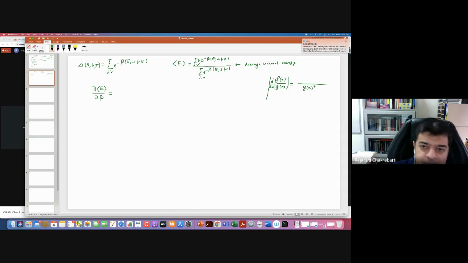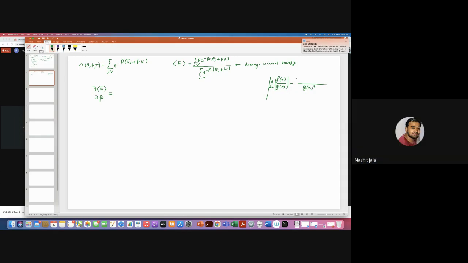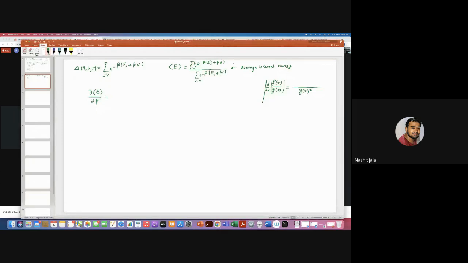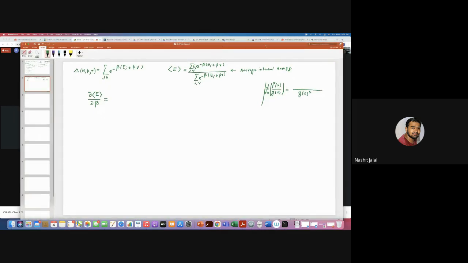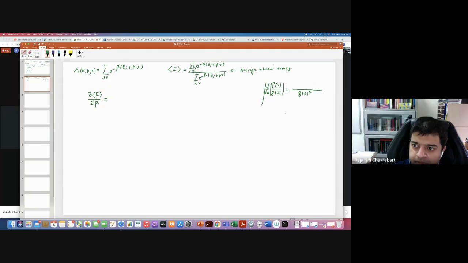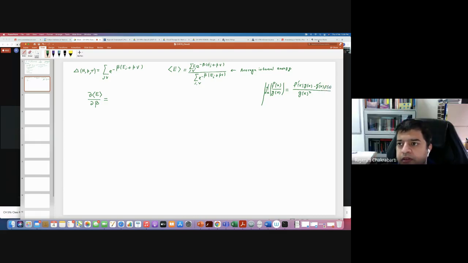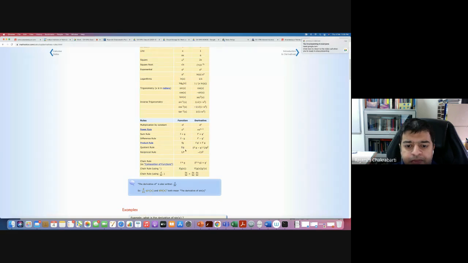What should the first term be? f dash x into g(x), minus g dash x into f(x). This is how it is, isn't it? Just check this derivative rule. If it is f by g, then f prime g minus g prime f. So exactly what you did.